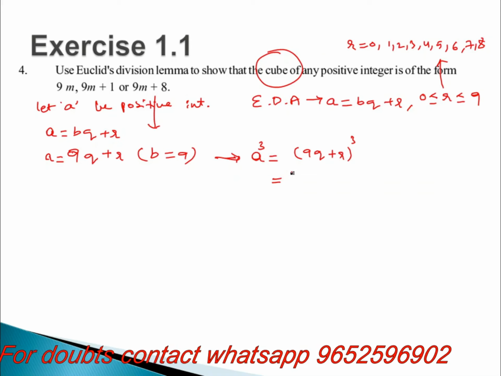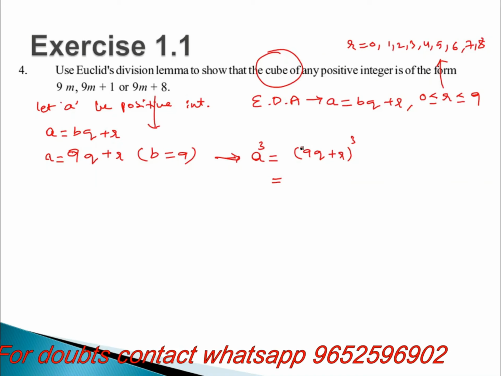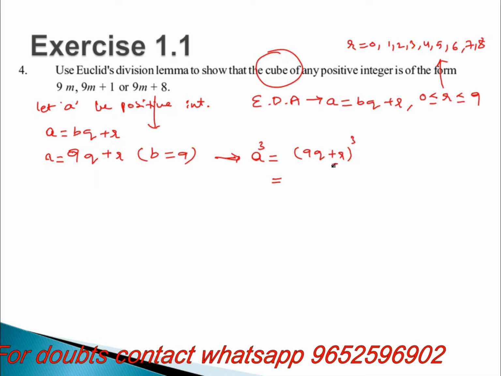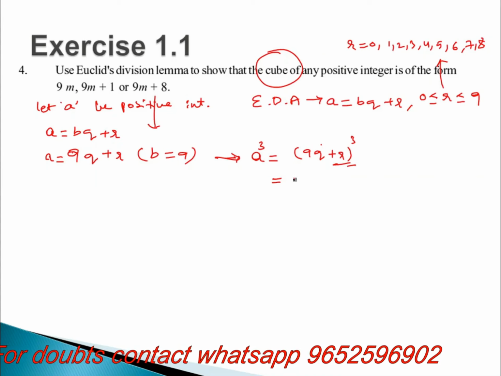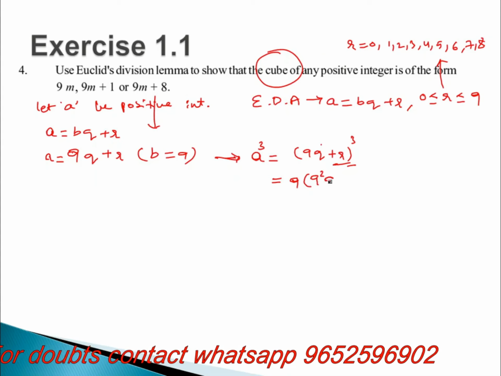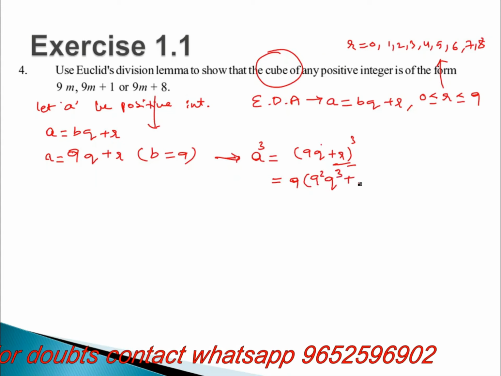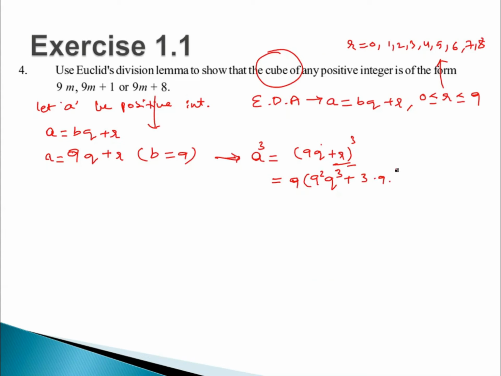If I solve this, then I have some different values of R. If you are expanding this, you will get 9Q cube, cube plus 3 into 9Q square into R, plus 3 into 9Q into R square, plus R cube.